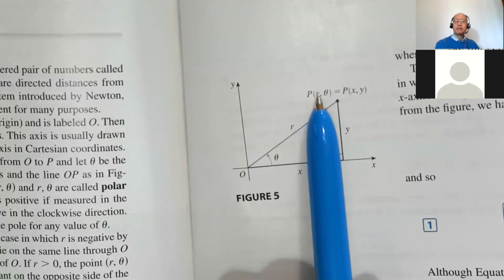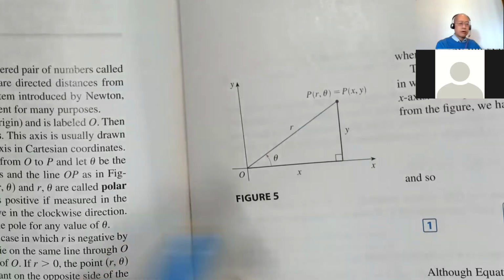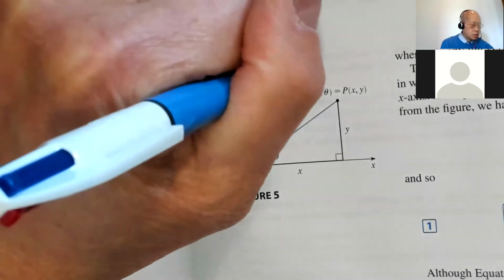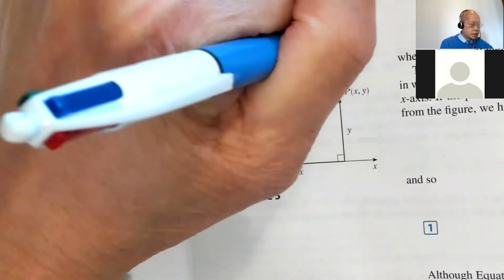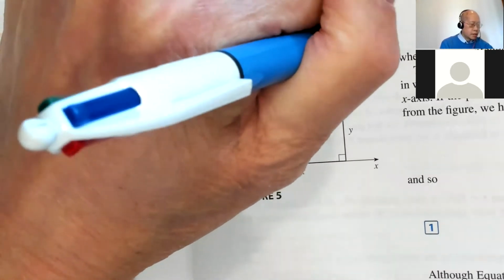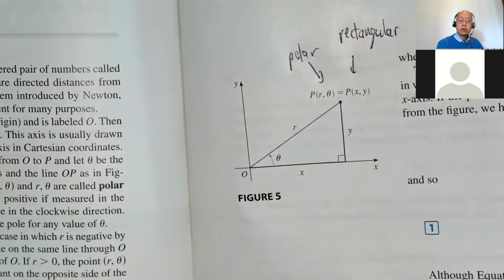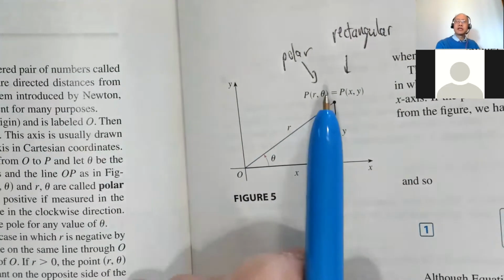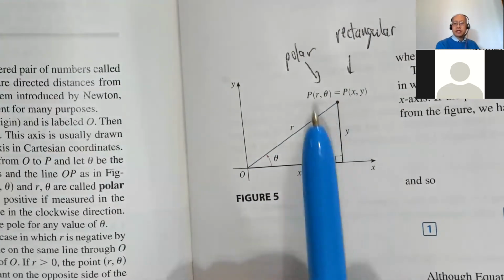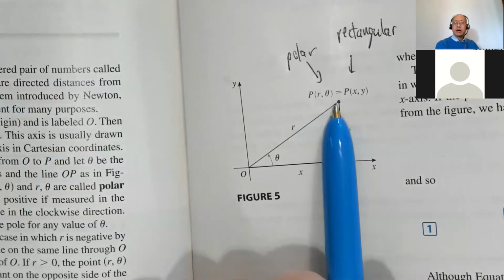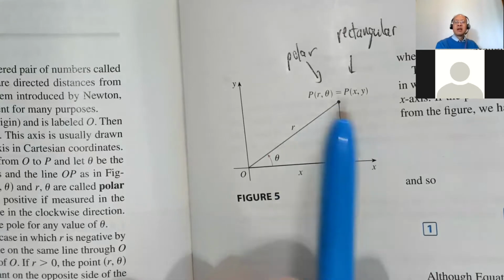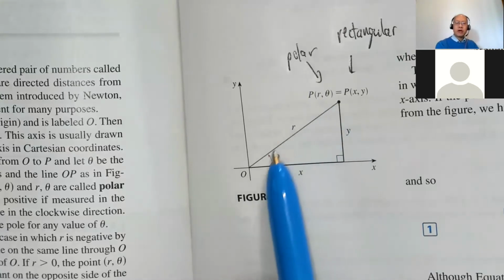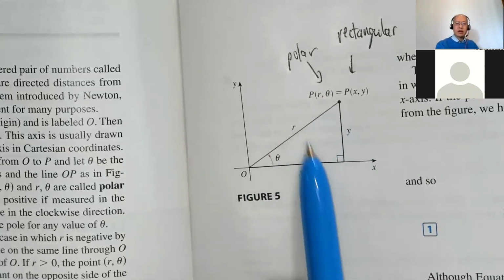Okay, so the main thing in polar coordinates is we're using r theta. So this is polar, and this is our usual rectangular, sometimes called Cartesian, x and y. So here's a point. How do I label it? How far do I go this way? How far do I go this way? Polar coordinates: how far am I away from the origin, and what's the angle in standard position?